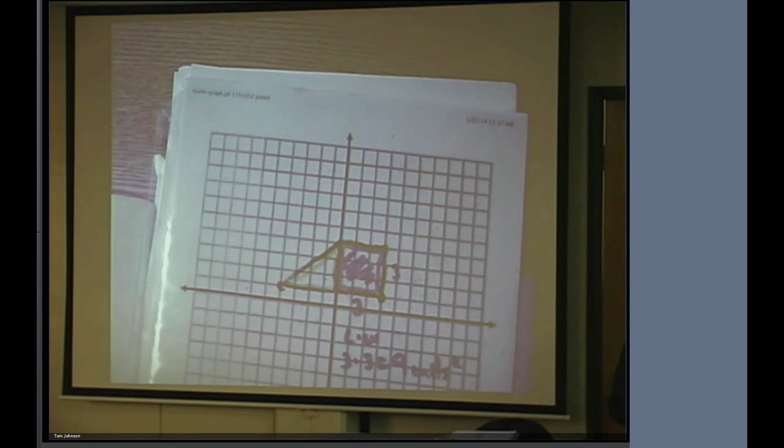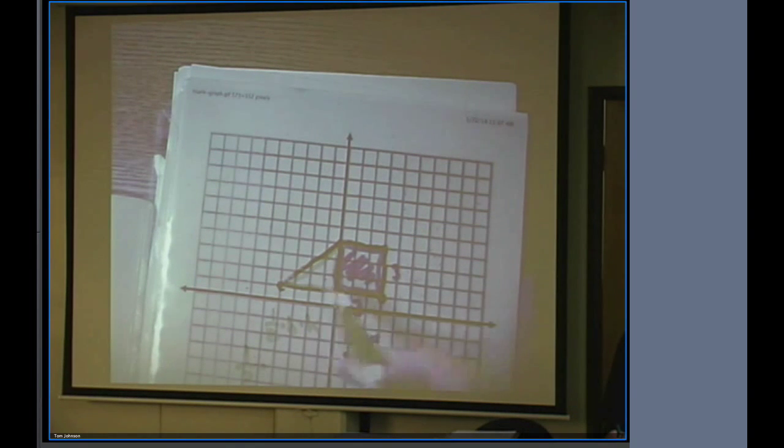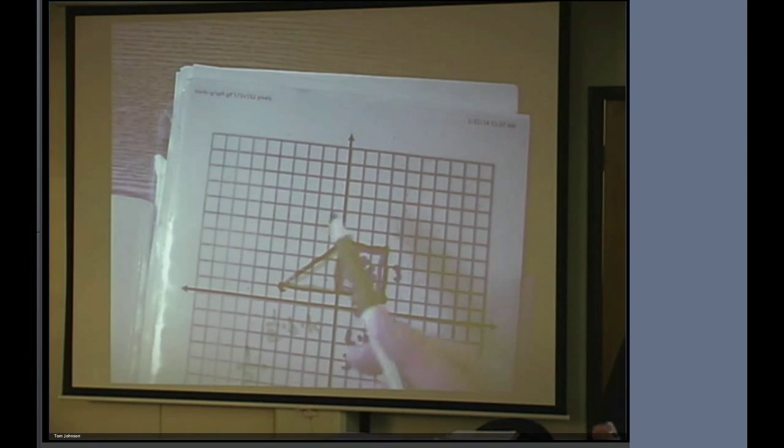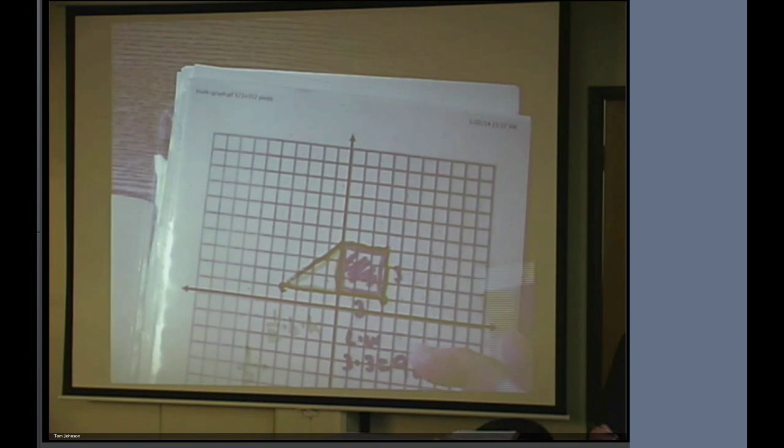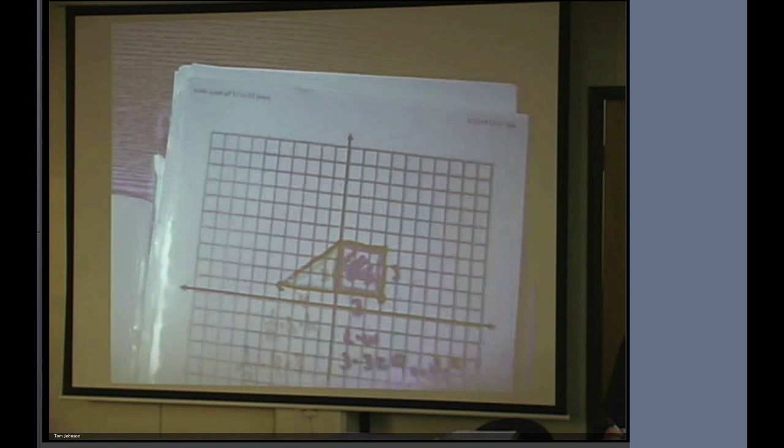Now my triangle. What's the equation for the area of the triangle? 1/2 base times height. All right, so we've got 1/2. I've got a right angle here, so I know that I can use either one of those as the base, either one as the height. I'm going to use this as the height. What's my height? 3. And my base? 1, 2, 3, 4. So 1/2 times 4 times 3.